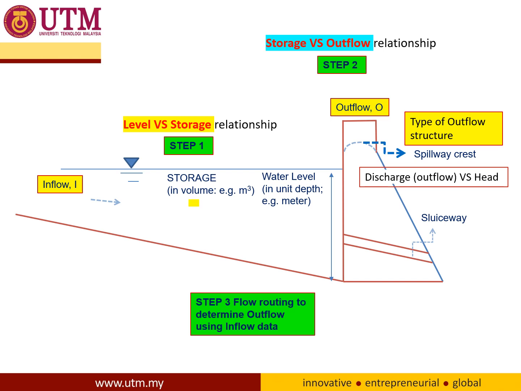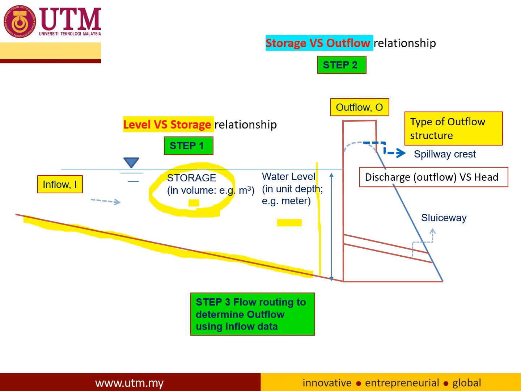Storage and water level. Topographic means the bottom, so you know the elevation. When you know the elevation from the topographic, you know the water level depths, and then you can calculate the volume of this whole body of water. So that is step 1, level versus storage.